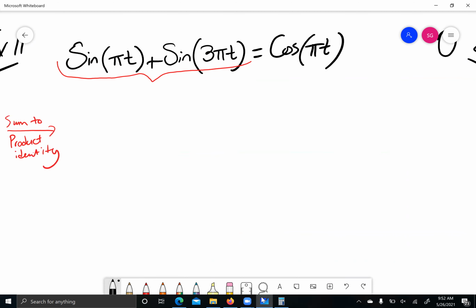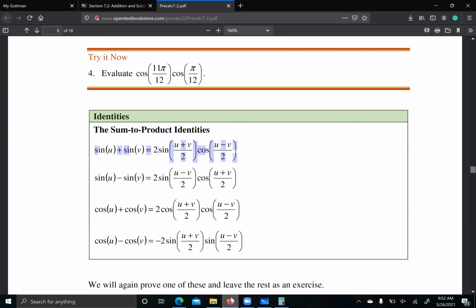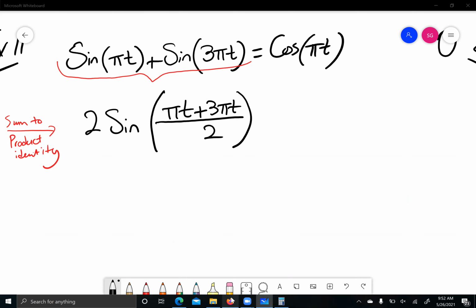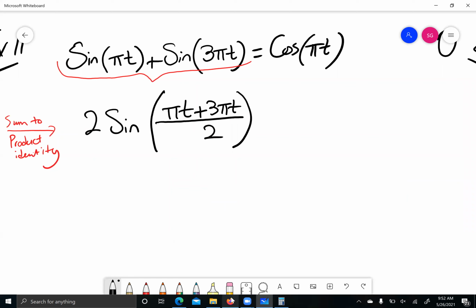So this side is going to be 2 sine of the average of those two angles. So we add these two angles and then divide by 2, times cosine of the difference. So it's going to be this angle minus this angle divided by 2.